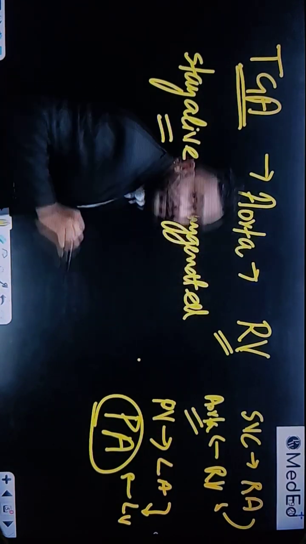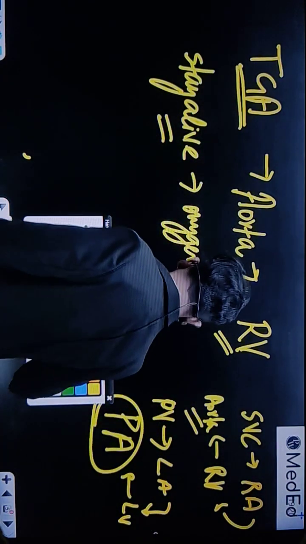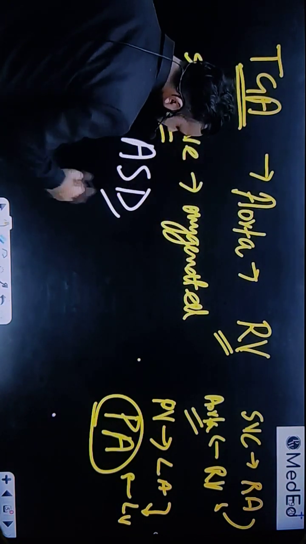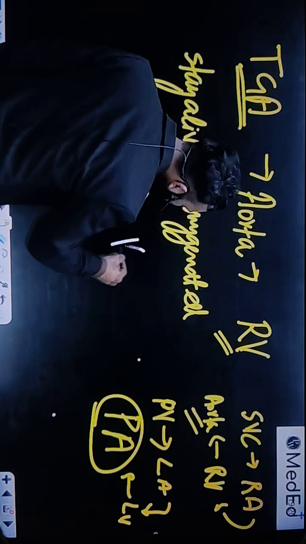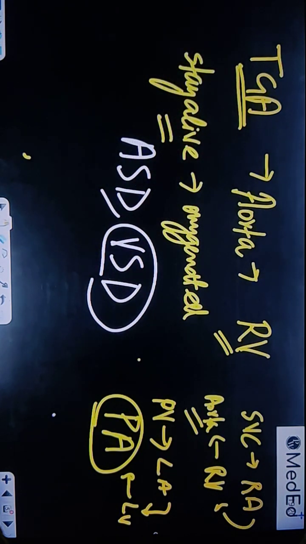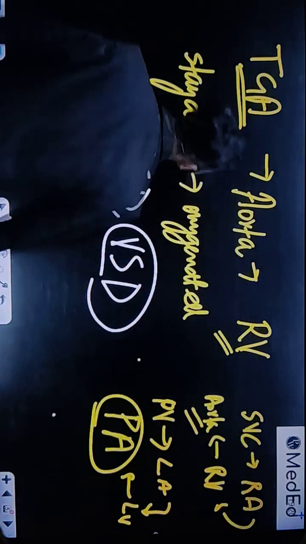So how is this mixing occurring? Just remember that patients with transposition of great arteries are always associated with atrial and ventricular septal defects, because of which these patients can stay alive. So this is one point.